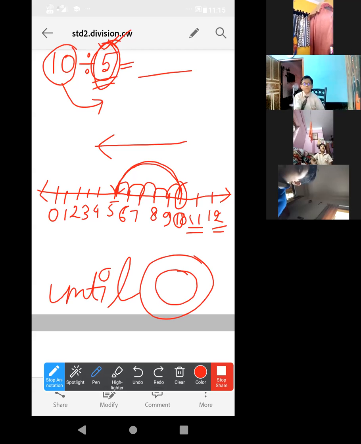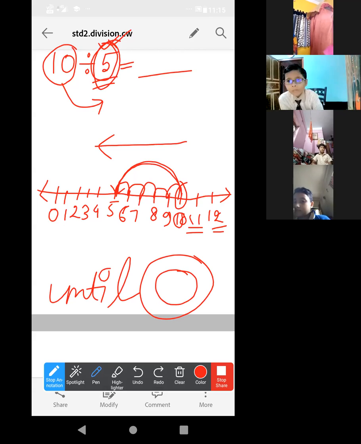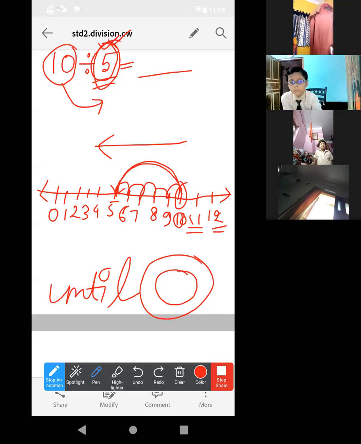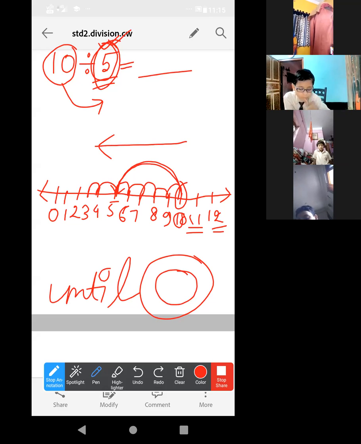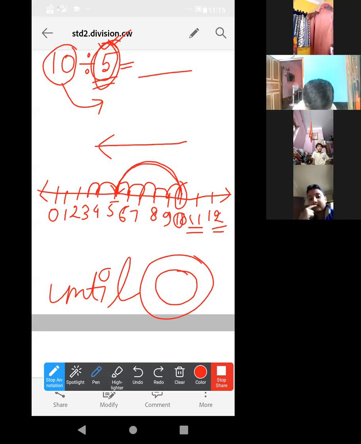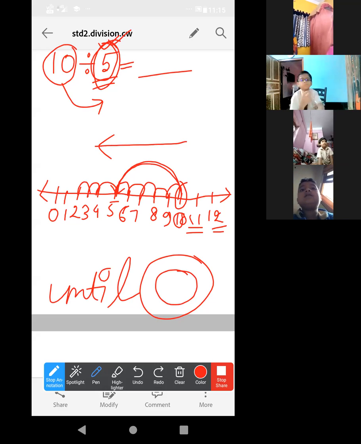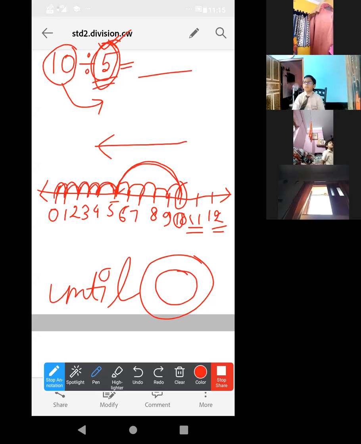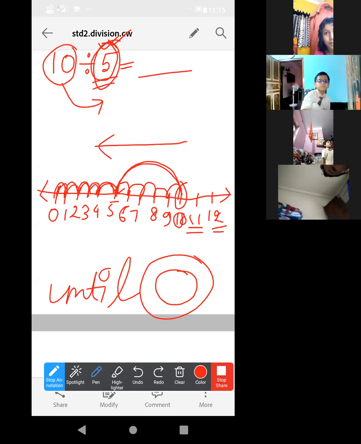4 place. Look at this, then we reached 0. We have reached 0, and 5 places we have also moved.